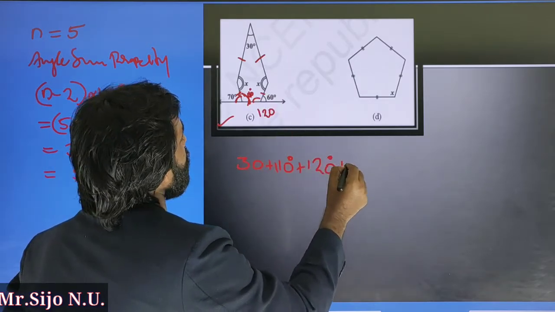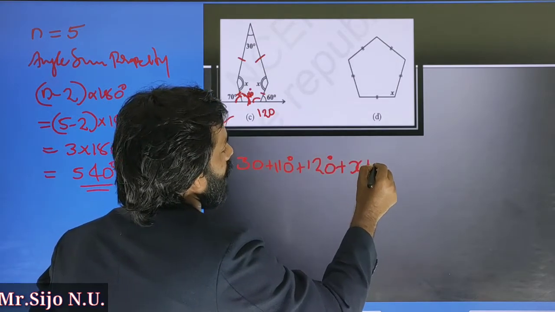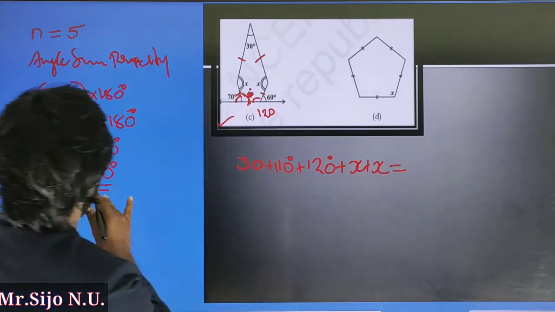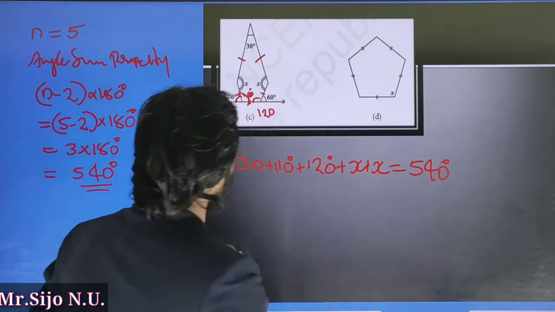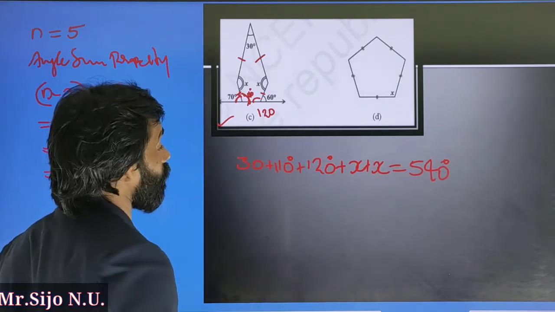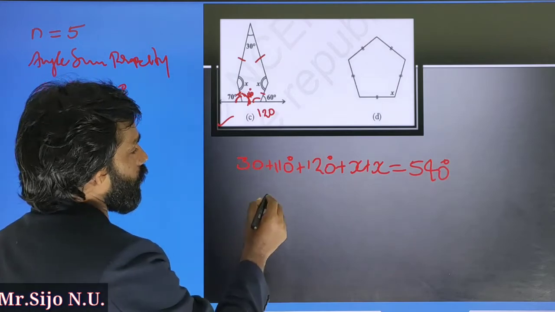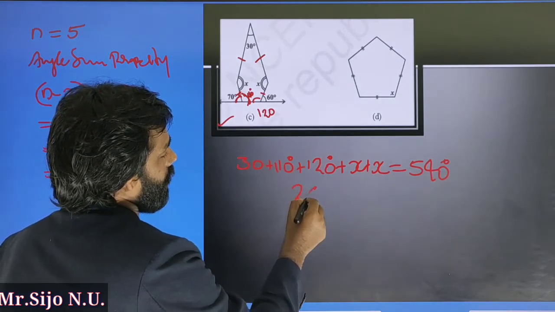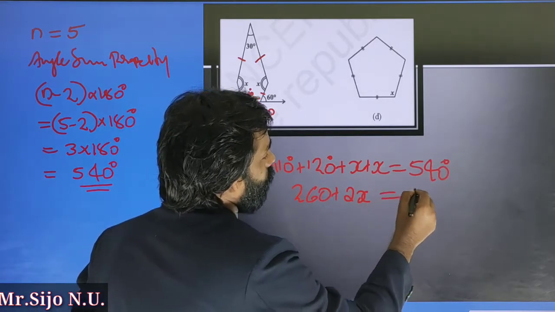Plus x plus x equal to what we got? That is 540 degree. Yes, now we can add all these things. So 30 plus 110, 140 plus 120, that is 260. 260 plus x plus x, that is 2x, we know, equal to 540.